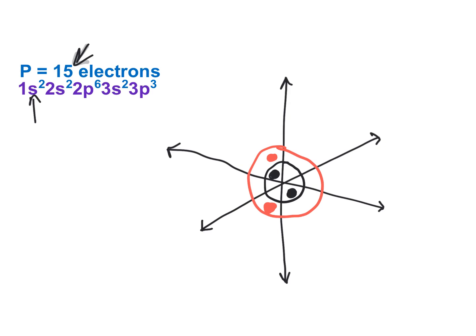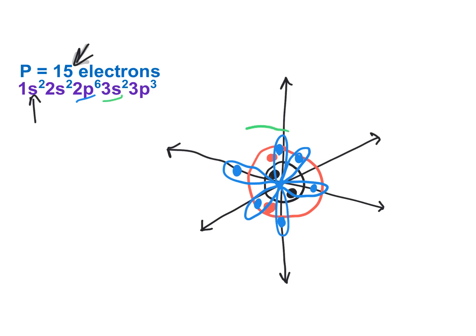Now, we have our 3 2p orbitals. Okay, so I'm going to draw one like this, one like this, and one like this. And we have 6 electrons in there. So I'm just going to make it easy and draw 1 in each orbital. Okay, so that's done.